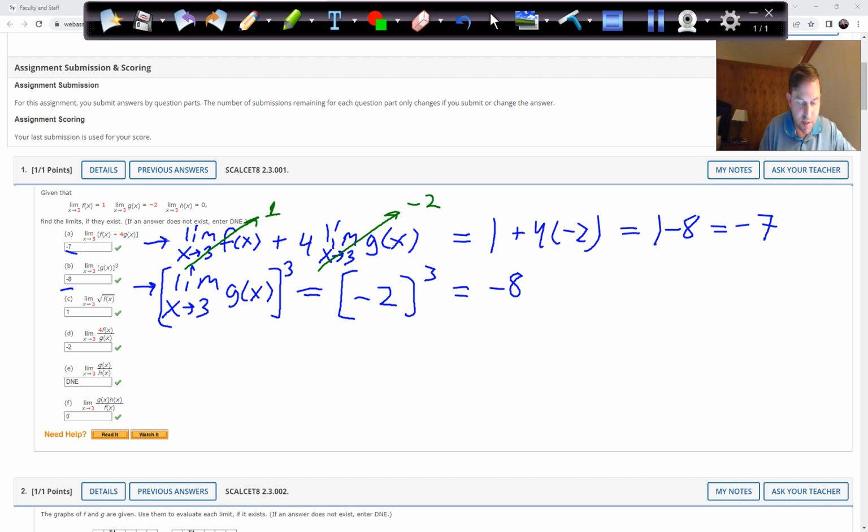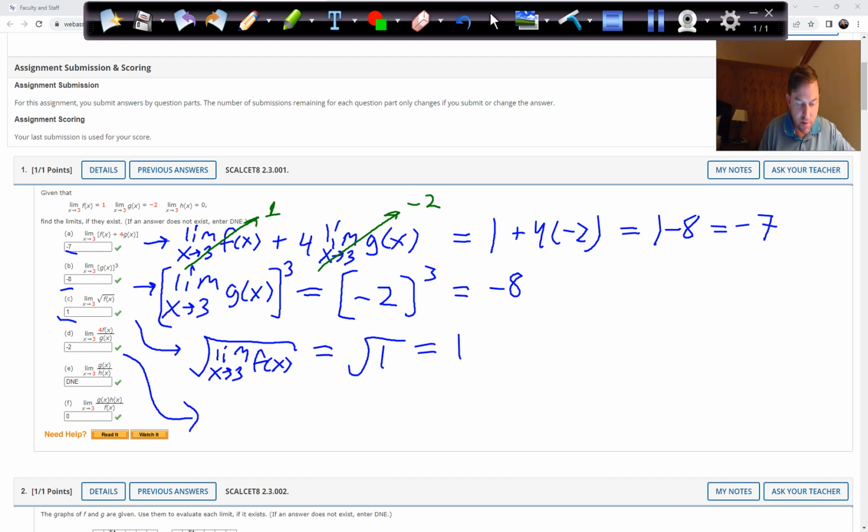Same idea for c. We can take the square root of not just the f of x, but the entire limit. And it said that the limit as x goes to 3 of f of x was 1. So this is the square root of 1, which is just 1.